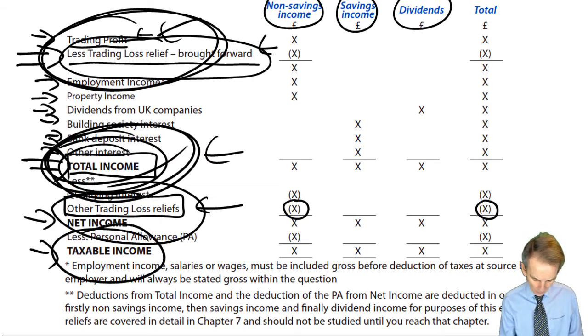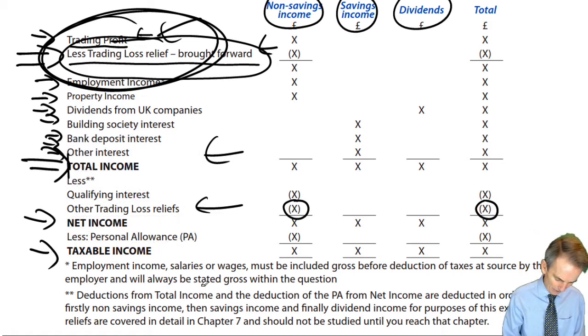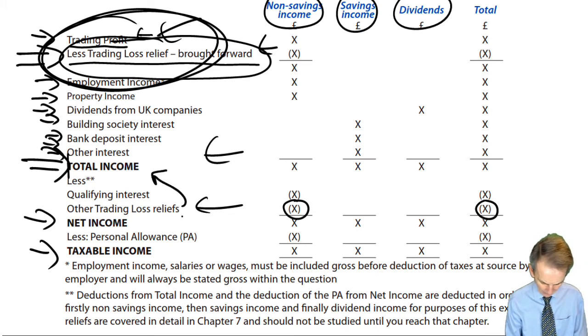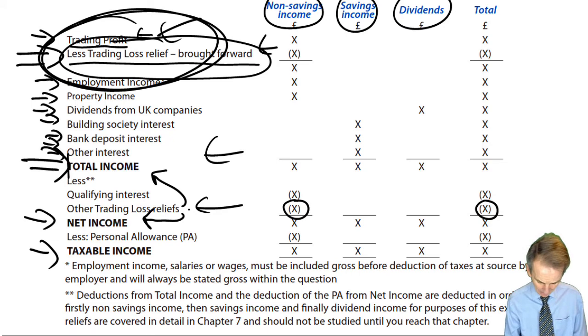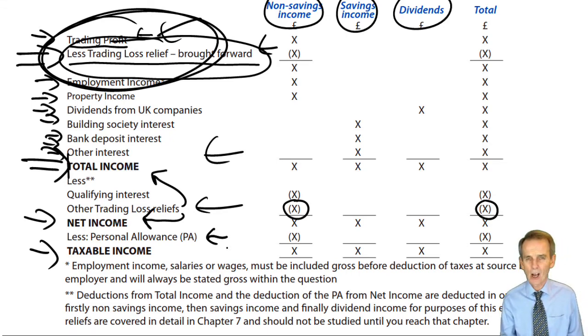And that therefore may mean that it leaves, I'm going to give it scribbly down here, isn't it? As that loss relief has gone against total income, it will therefore have reduced the net income. It may even have eliminated that net income. And that means that that personal allowance may be either entirely wasted, unused, or partially wasted, partially unused.